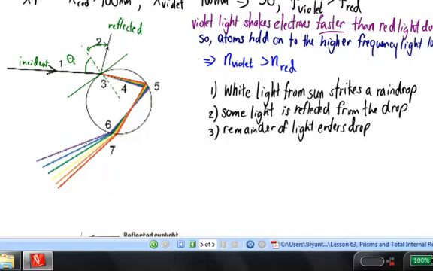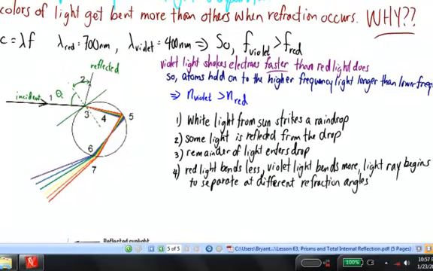The red light is bent less than the violet light is. Number 5, when the light reaches the rear of the droplet, it strikes with an angle of incidence that's greater than the critical angle for the water-air interface, and so the light gets totally internally reflected from the back of the droplet.